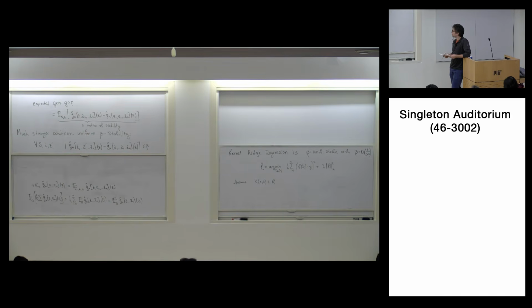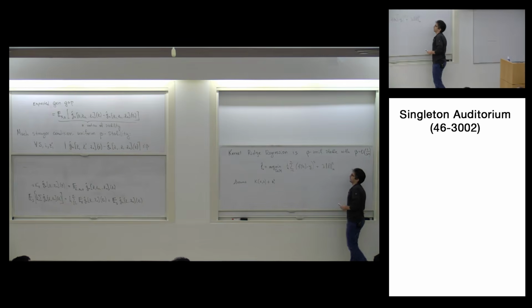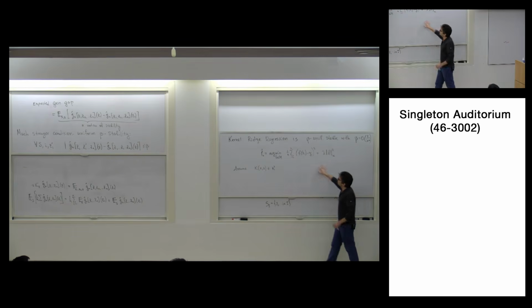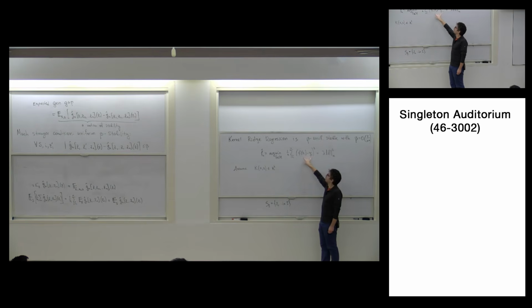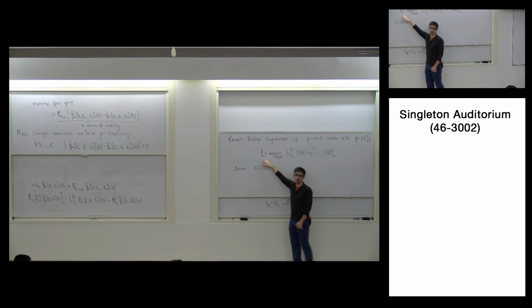So what's the idea? Let me first describe the high-level idea. We need to understand what happens if I replace one data point x_i, y_i in this objective. How does the solution change?